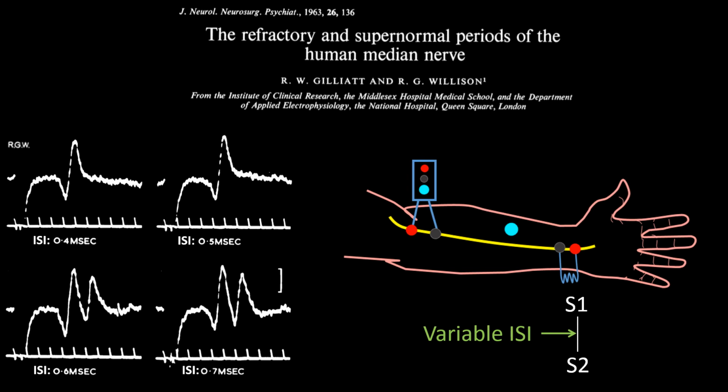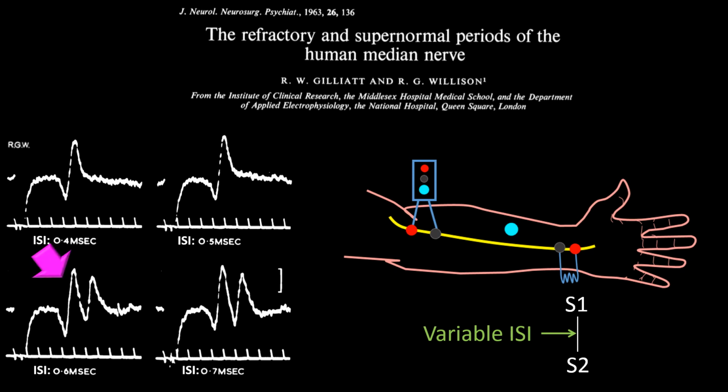The first stimulus was supramaximal. The second stimulus was adjusted to be way over the usual supramaximal stimulation to determine the refractory period, and to a submaximal intensity to determine the supernormal period.